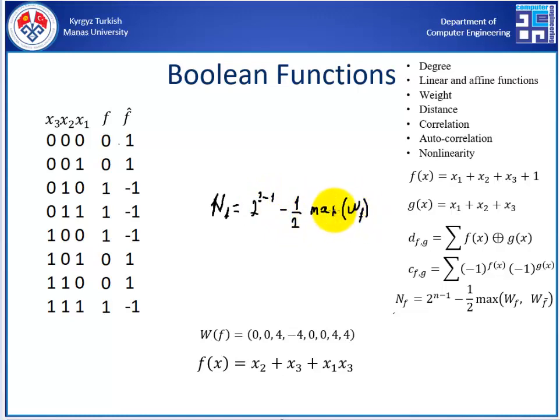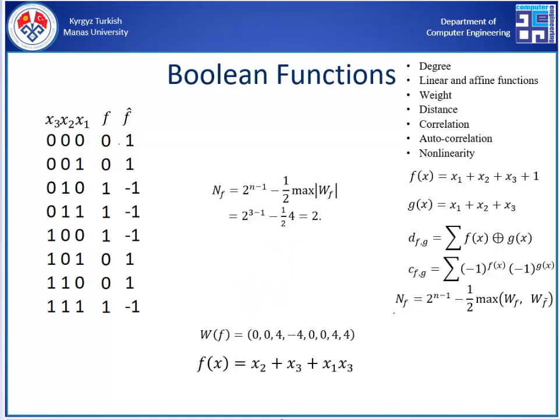Maximum of the Walsh transform is equal to 4. Here we need to mention that the maximum should be taken by the absolute value of elements in the Walsh transform vector. So then we have 2 to the power 3 minus 1, which is 2 to the power 2, which is 4, minus the maximal element of the Walsh-Hadamard transform, which means that we multiply 1 over 2 by 4. And the nonlinearity of our Boolean function is equal to 2.